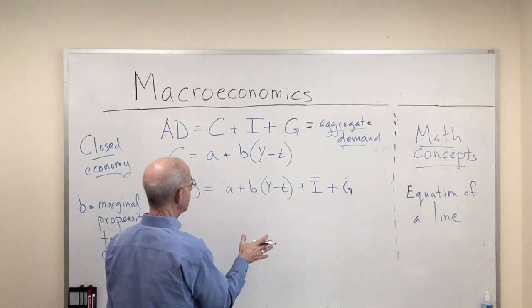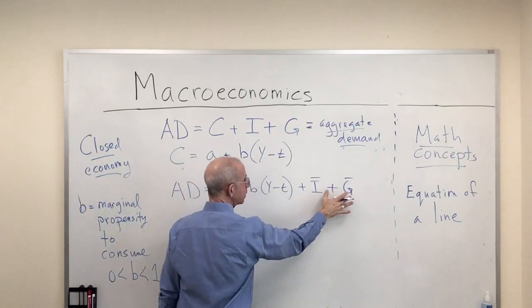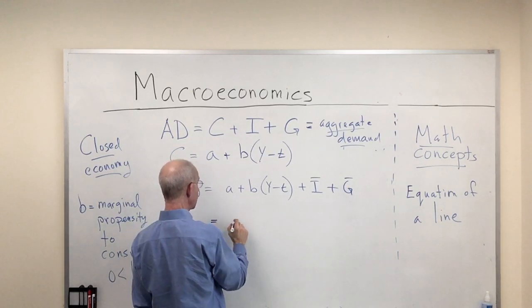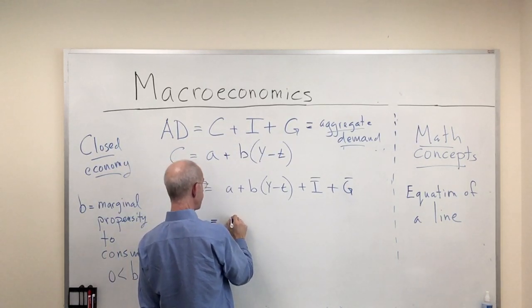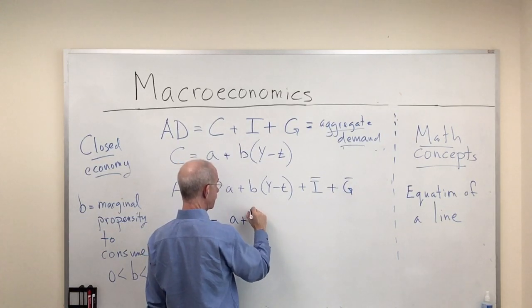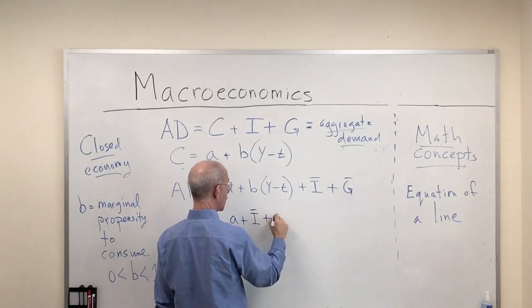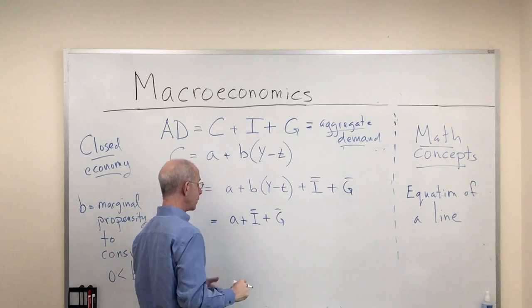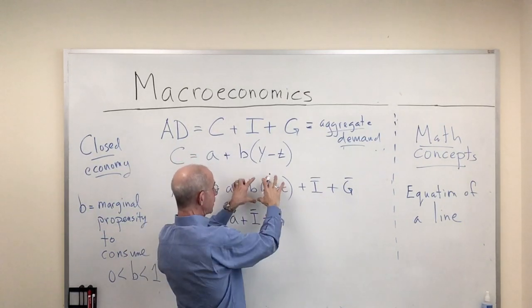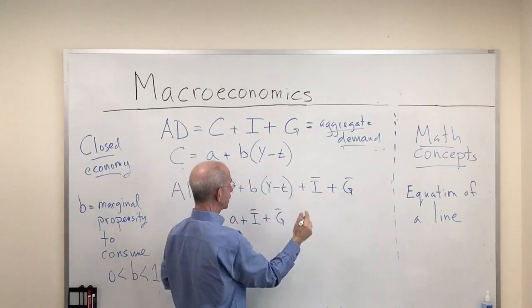Okay, so here we've got a number of relationships, and I'm going to rewrite this in the following way. I'm going to combine, I'm going to pull these over here, and then I'm going to separate this part out.